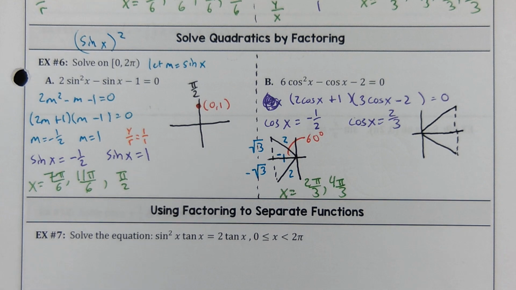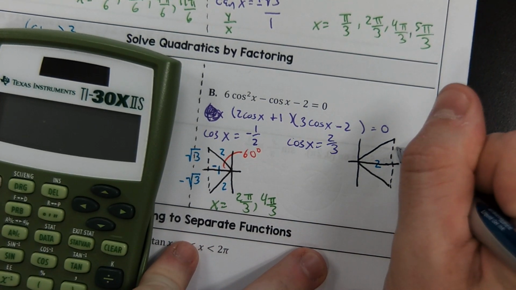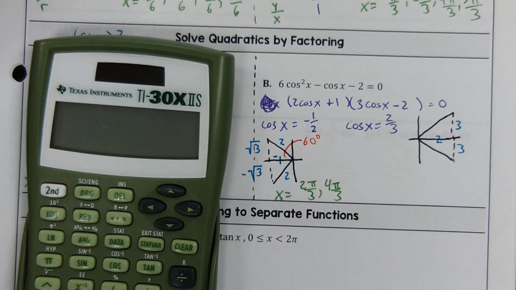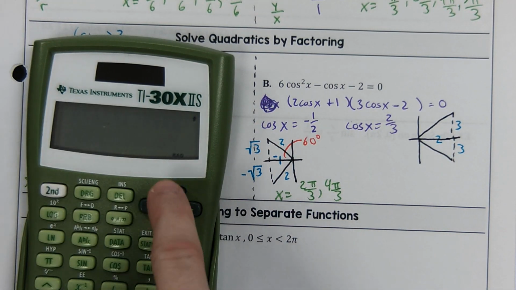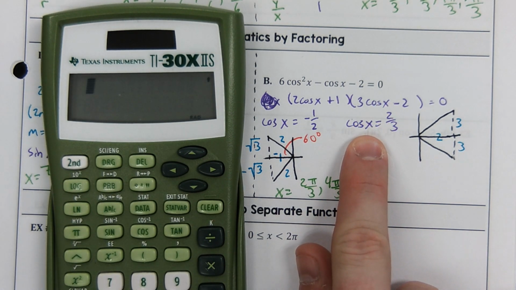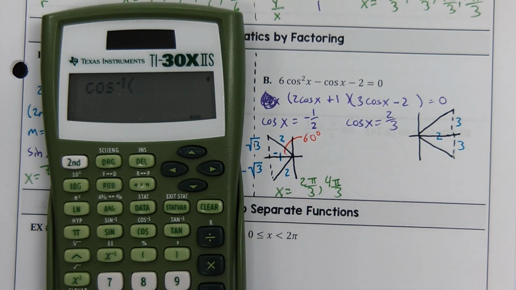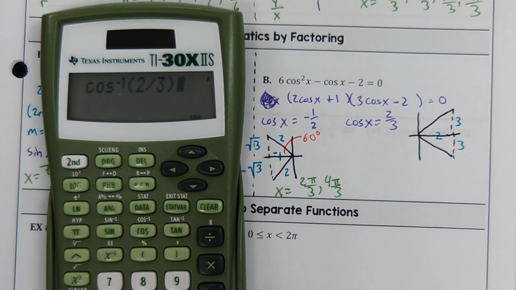I'm going to grab my calculator and make sure it's in radian mode. It is, it says rad right there. And I'm going to do the cosine inverse of both sides. So the inverse cosine of 2/3 is something not pretty: 0.841 radians.